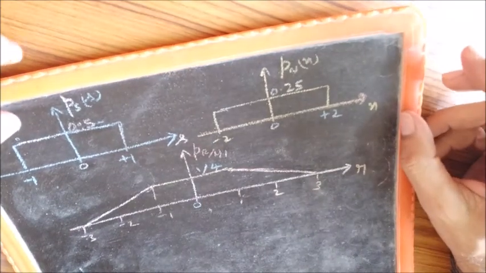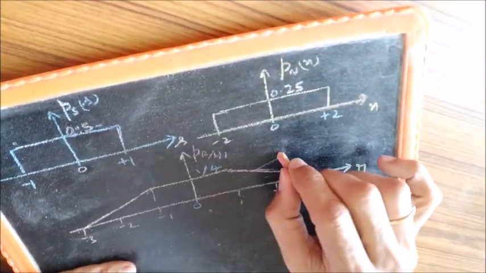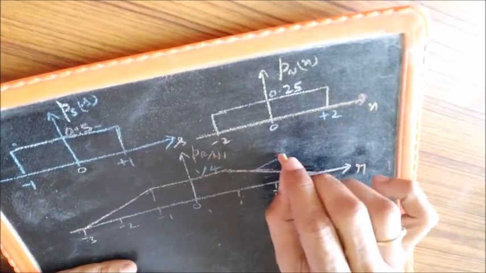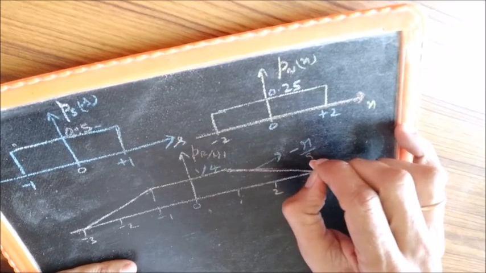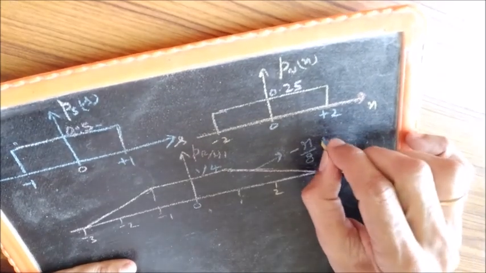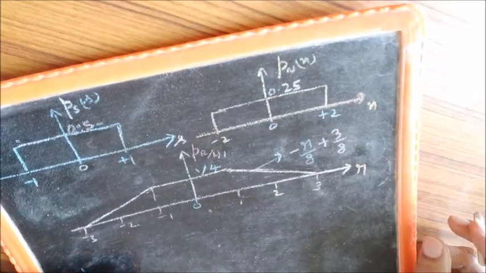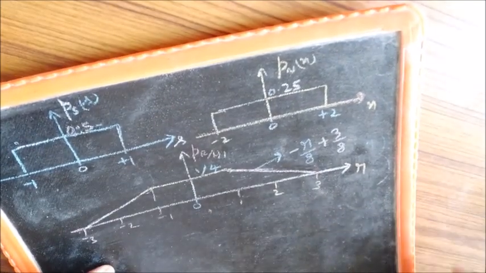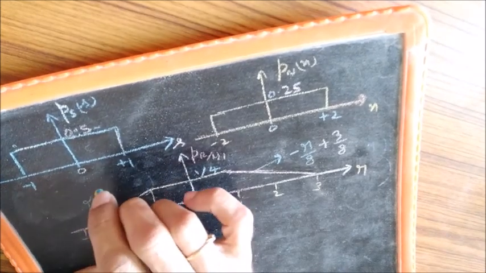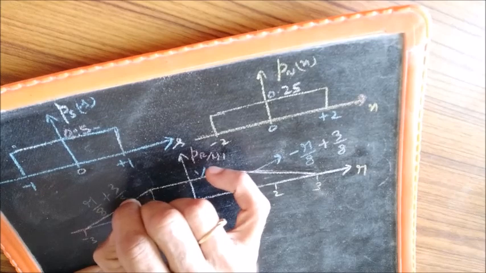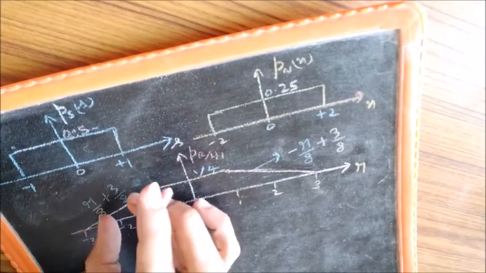And again, through simple observations, you can write an equation for this part. It will be minus r by 8 plus 3 by 8, and this will be r by 8 plus 3 by 8. So from minus 3 to minus 1 it is r by 8 plus 3 by 8.